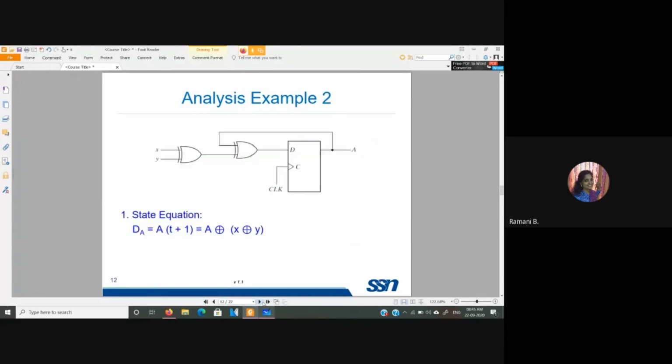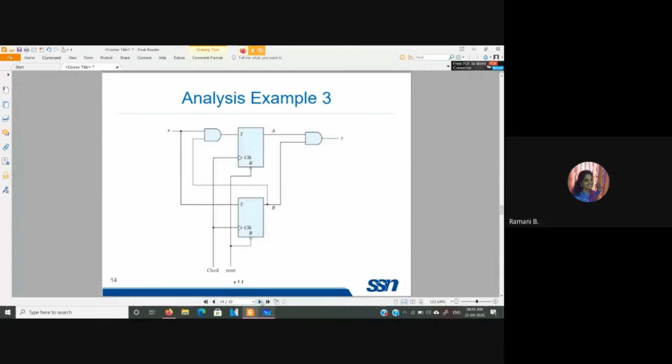Now we shall see just one more example to denote the Moore model. So here in this particular circuit, again you have a T flip-flop and it is clocked. So this is a clocked sequential circuit. First you have to write the state equation. Before writing the state equation, we give the flip-flop input equations. Let us denote these as TA and TB.